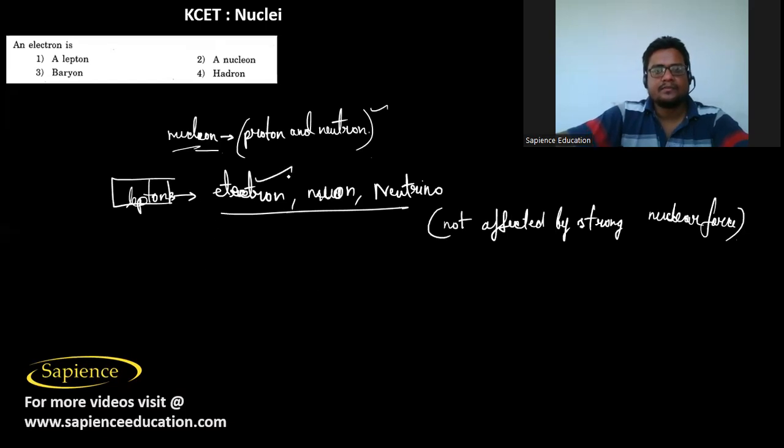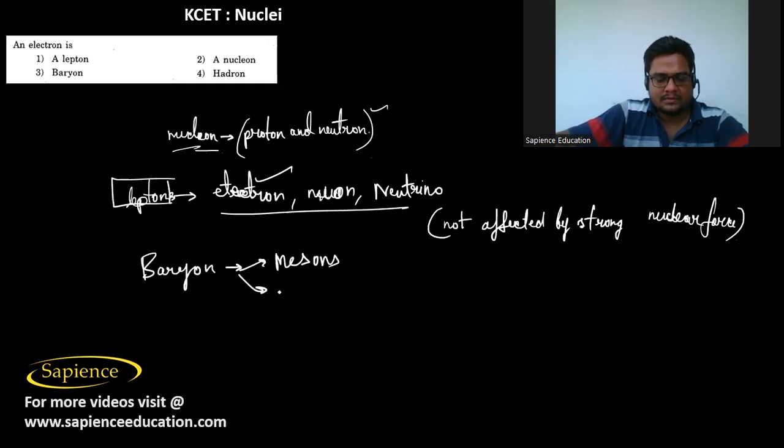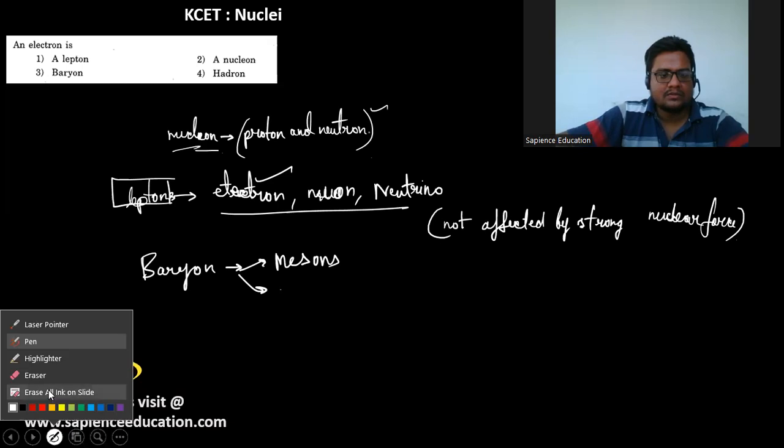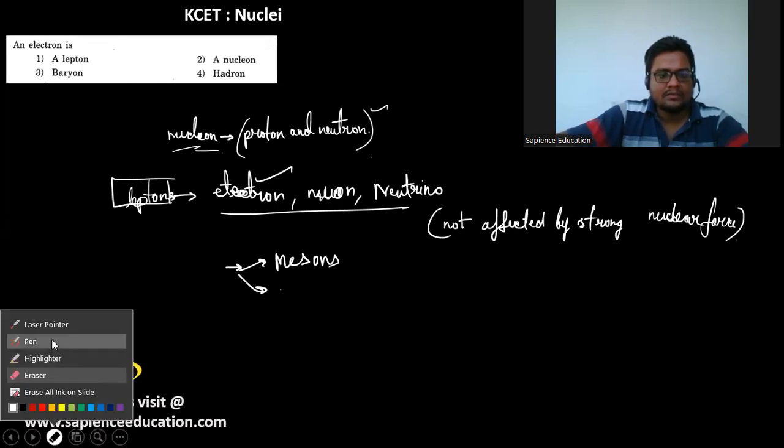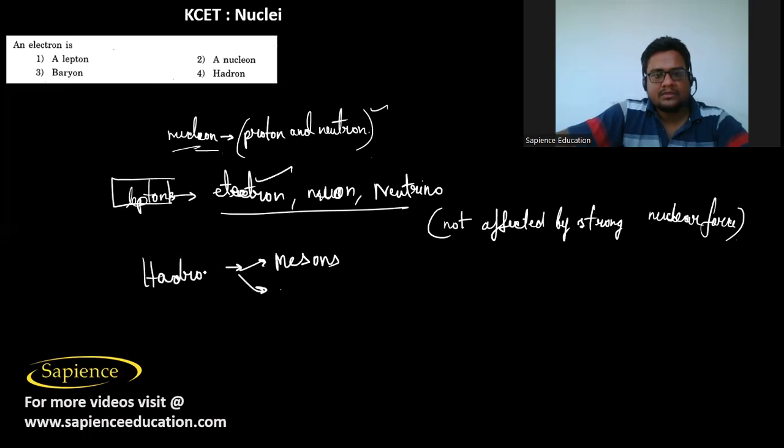And baryons, they are also of two kinds. Hadrons are of two types, mesons and baryons.